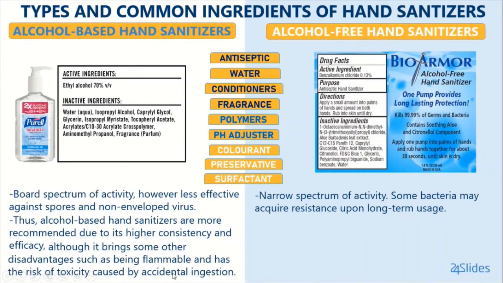This accidental ingestion problem can be solved by adding bitter chemicals. And being flammable can also be solved if you take certain precautions, like not exposing it to the sun or heat, right? So you can see how important the formulation is in determining or even enhancing the antimicrobial activity. So think properly in choosing your hand sanitizer.